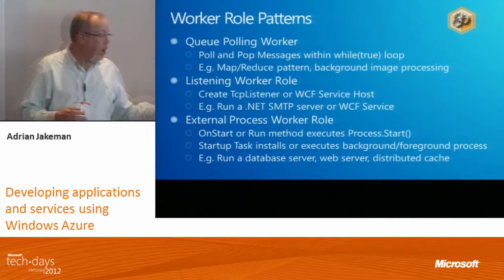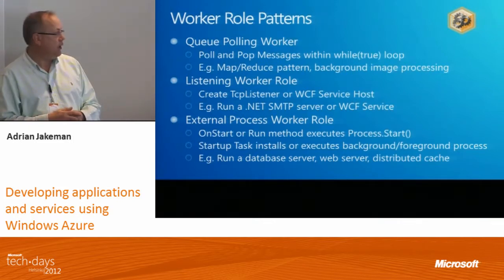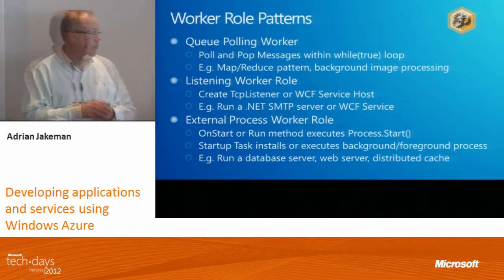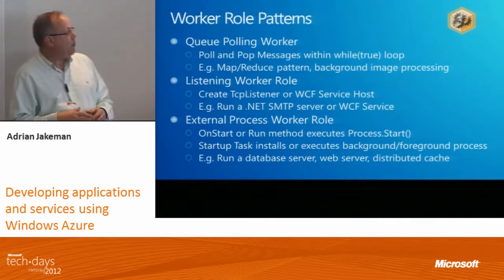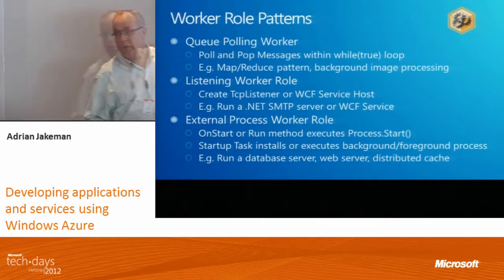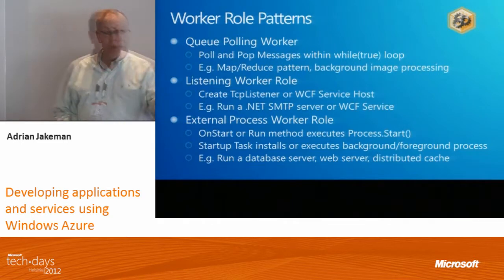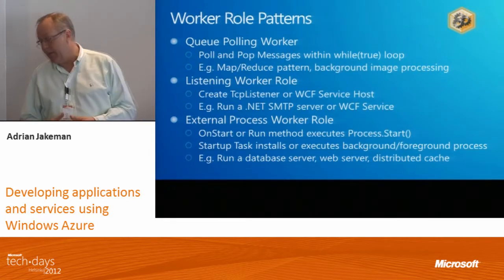So, for example, you might want to run additional functionality on that virtual machine, and you'll use the start or run methods to start up separate processes. But most often, worker roles poll against queues, pull information from the queues, and start to do some work against those messages from the queues.